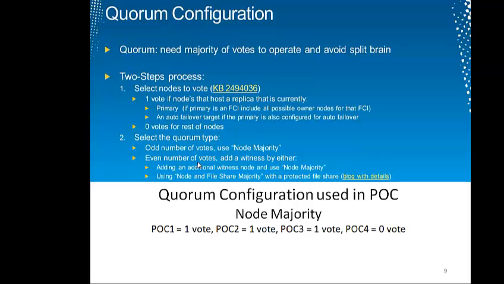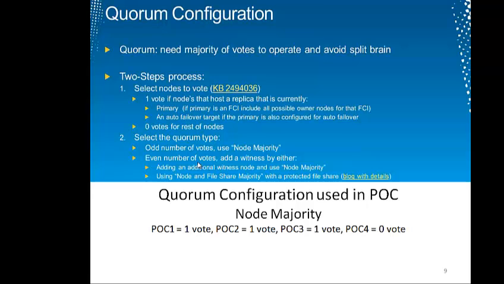For the Windows cluster, which you need in Always On, if you have an odd number of nodes, or you are thinking that you will be using a vote for an odd number of nodes, then you should use node majority. Most of the time it's node majority, but if you have an even number of nodes, then you can have a shared disk vote, which makes the number of votes odd. So you have to have an odd number of votes.